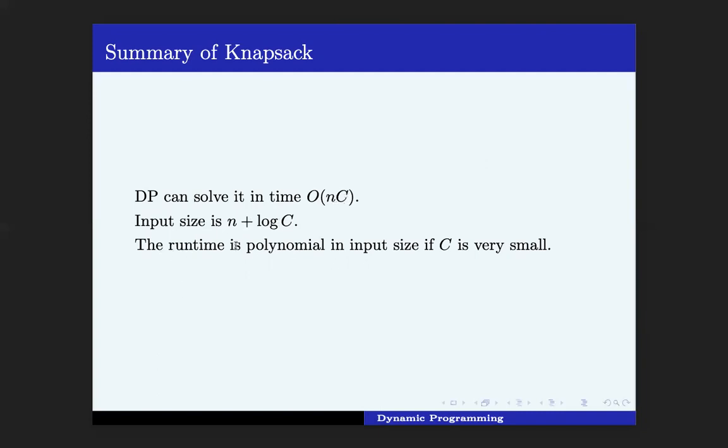So if c is very small compared to n, then this is fine. If c is something like polynomial in n, then this thing is polynomial in n, which is polynomial in the input size also. But if c is big, or in other words, the general c is not.